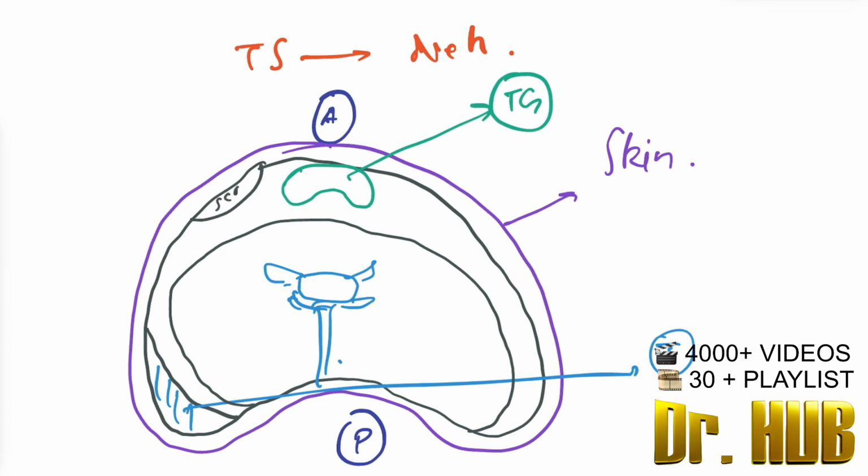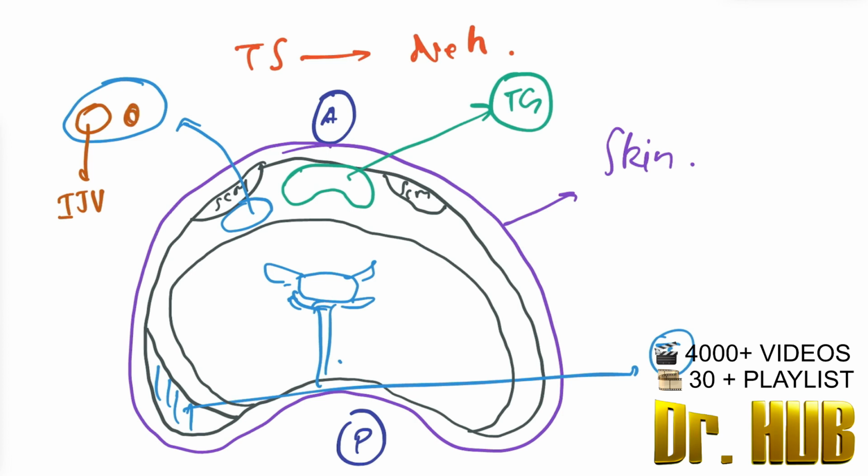This will be the SCM, the sternocleidomastoid, on each side, and there will be a group of structures. It includes the internal jugular vein, the IJV, the common carotid artery, as well as the VN, which stands for the vagus nerve.